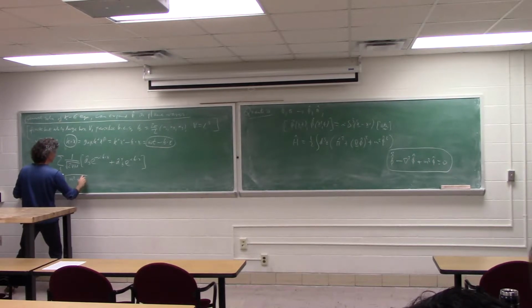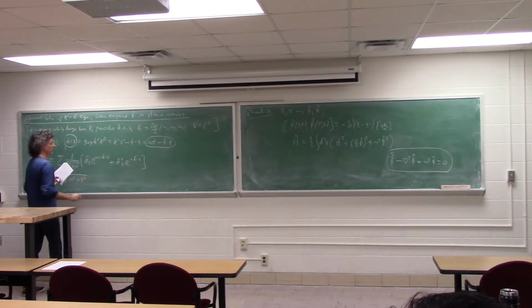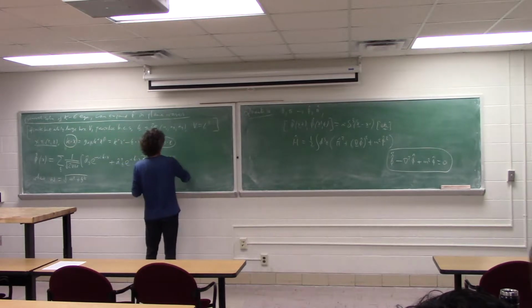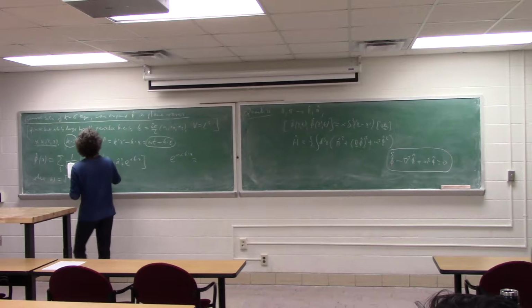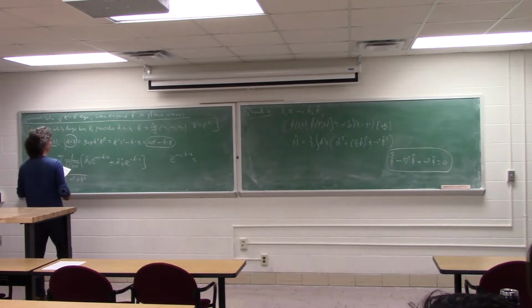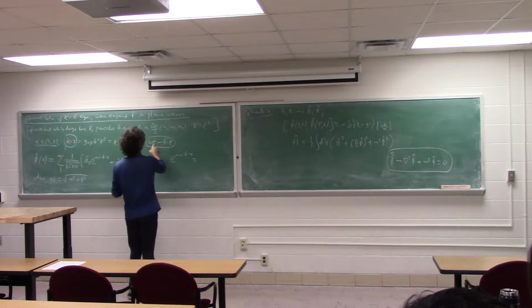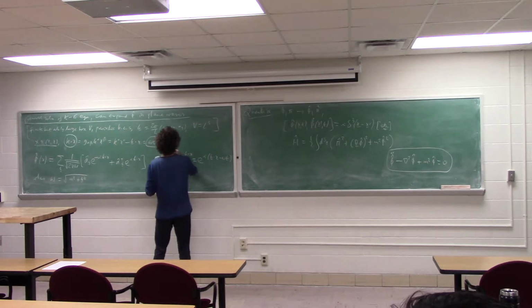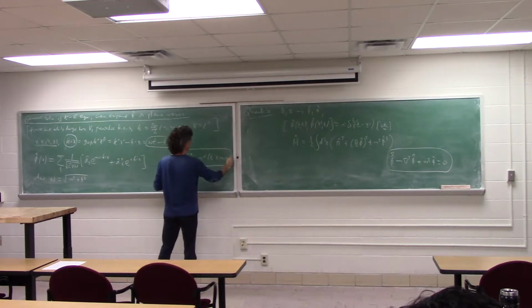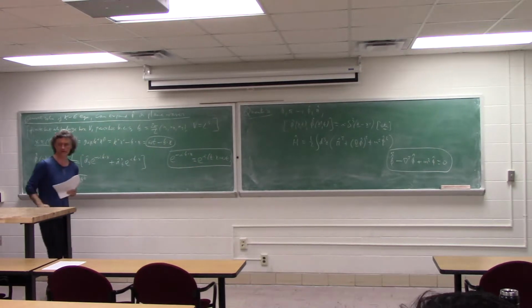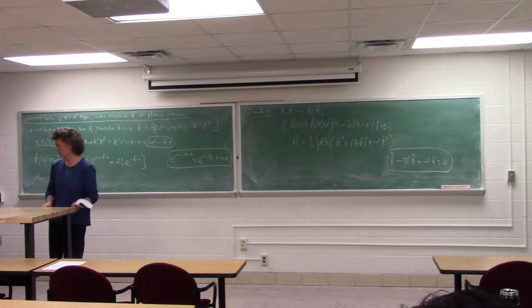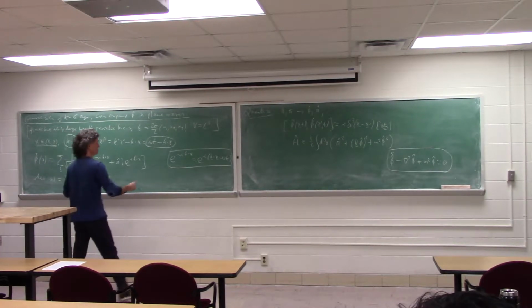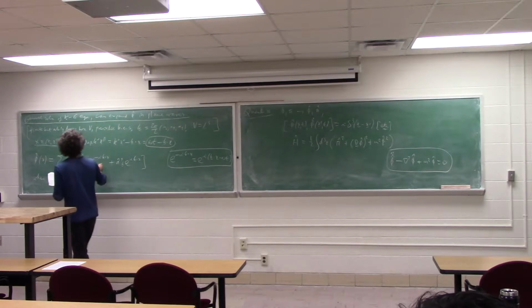As you can easily check, note here that e to the minus i k dot x, this first term, is just e to the minus i omega t plus i k dot x. It's the same expansion we've been doing, I'm just writing it in four-dimensional notation.